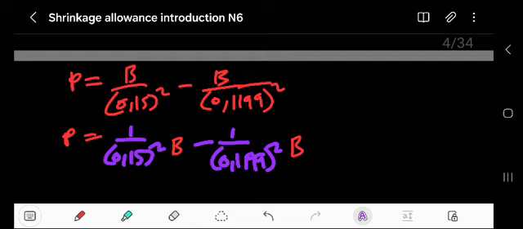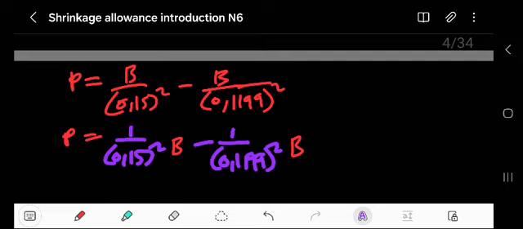I'll punch that there. Let me check. 1 over 0.15 squared minus 0.1199.